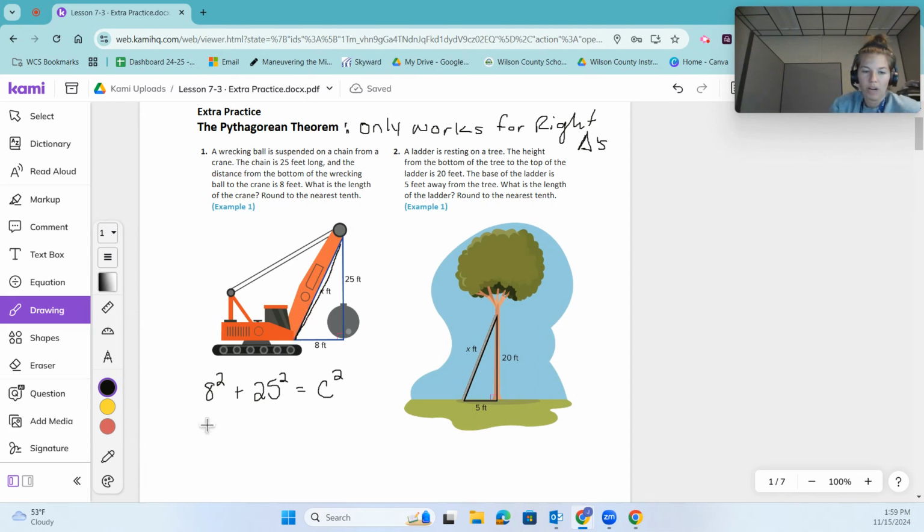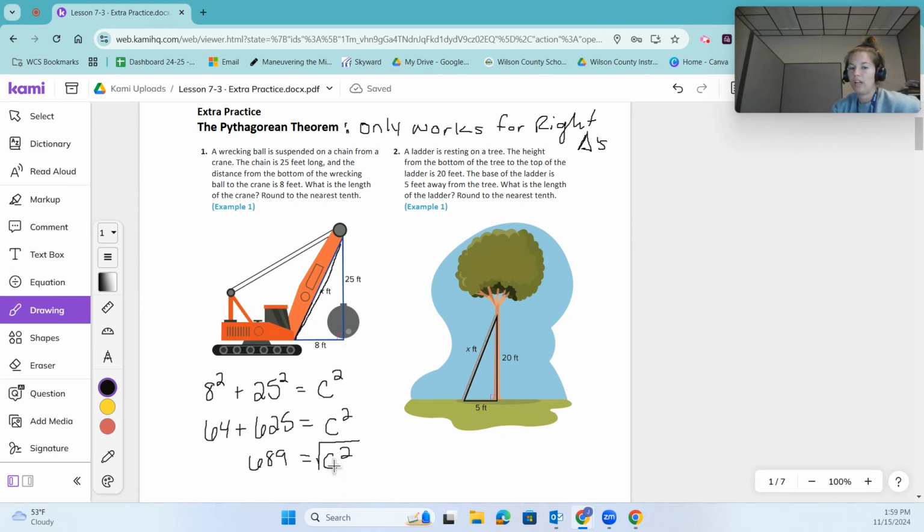8 squared is 64. 25 squared is 625. 64 plus 625 is 689, and that's going to equal C squared. Now, in order to do the opposite of squaring something, we are going to square root it.